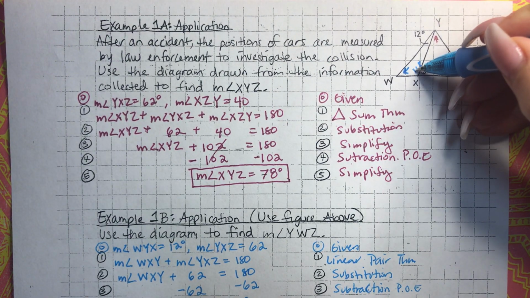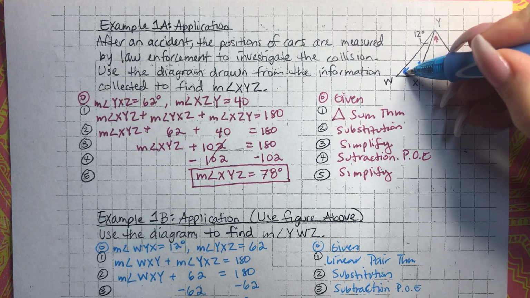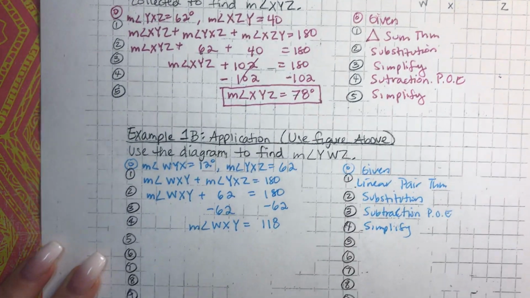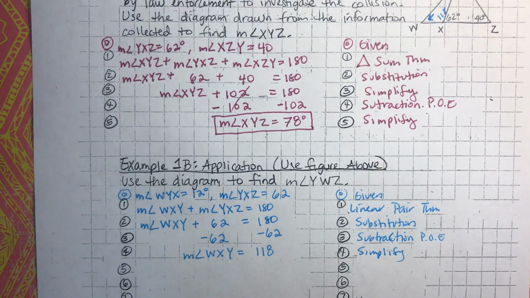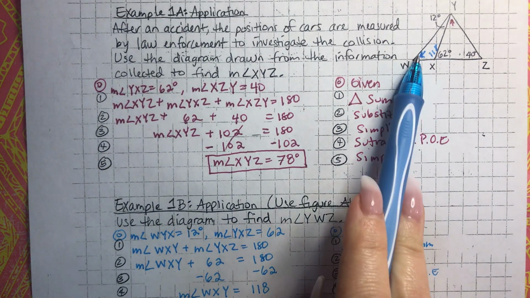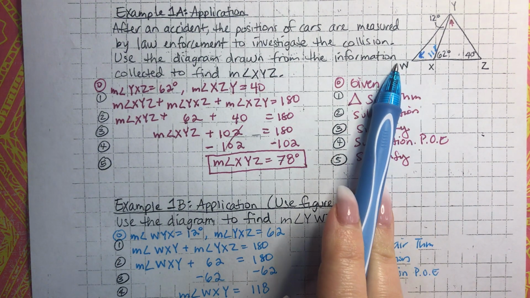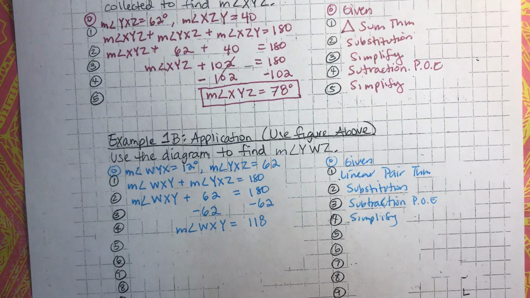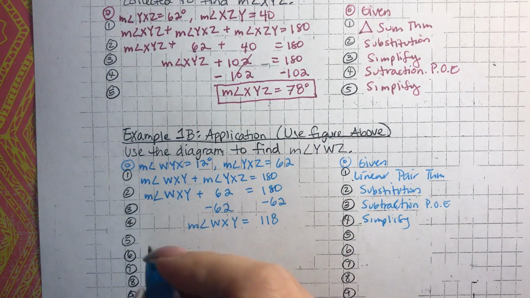So this is 118, this is 12. We don't know what this is, but we can use the triangle sum theorem to figure it out. And that's what we're going to do. So what do we have? We have the measure that we're trying to find, YWX.